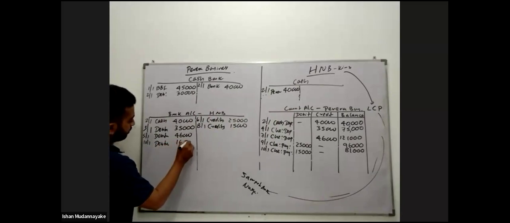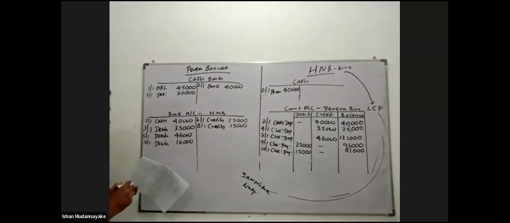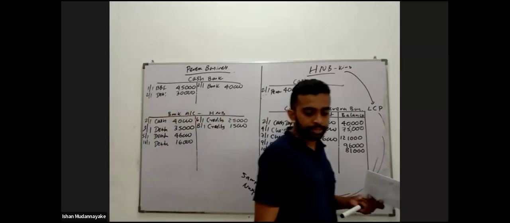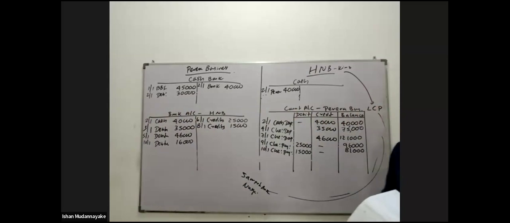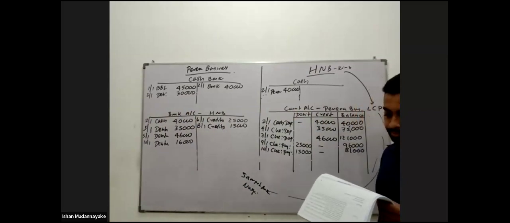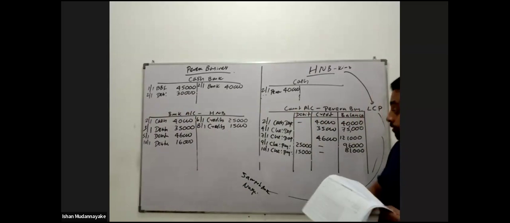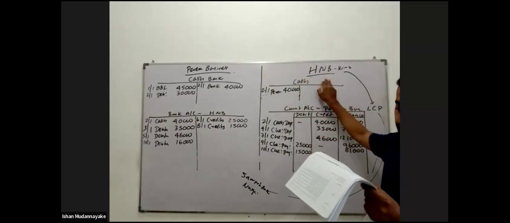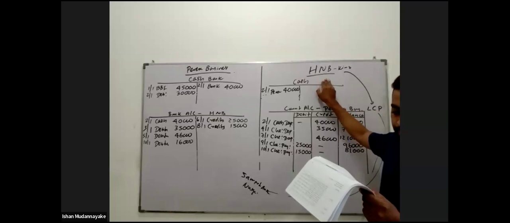Debtors 16,000. Bank account debit, debtors account debit. We collected a 16,000 check from a debtor, and after receiving this check, Pereira deposited it in the HNB bank. But what has happened?